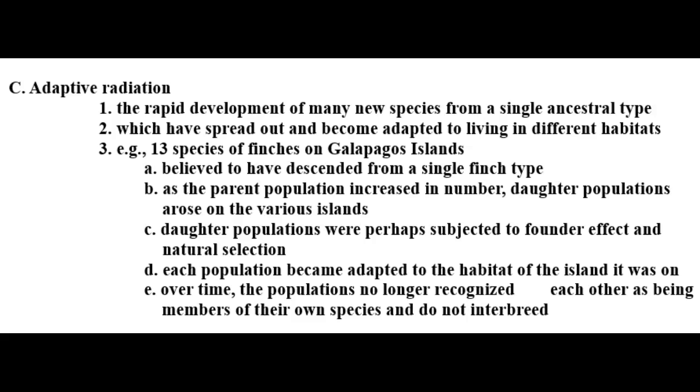As the parent population increased in number, daughter populations arose on the various islands. Daughter populations were perhaps subjected to founder effect and natural selection. Each population became adapted to the habitat of the island it was on. Over time, populations no longer recognize each other as being members of their own species and do not interbreed.